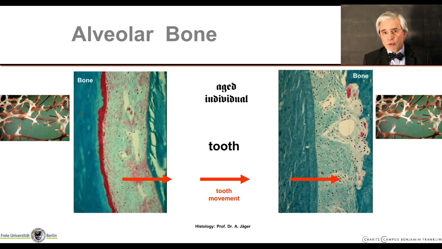During this time, the cells have the opportunity to ramp up their activity and to multiply in number. When they are all active, then they are just as active as in a young person. And in the end, treatment of an adult patient usually takes only a year or a little longer, simply because there is less bone for the teeth to pass through.